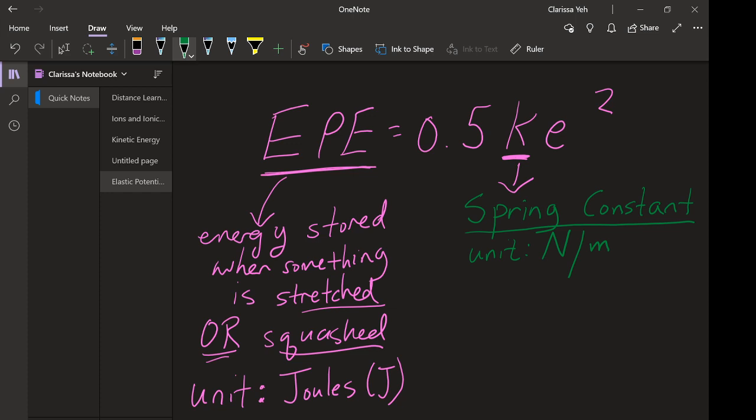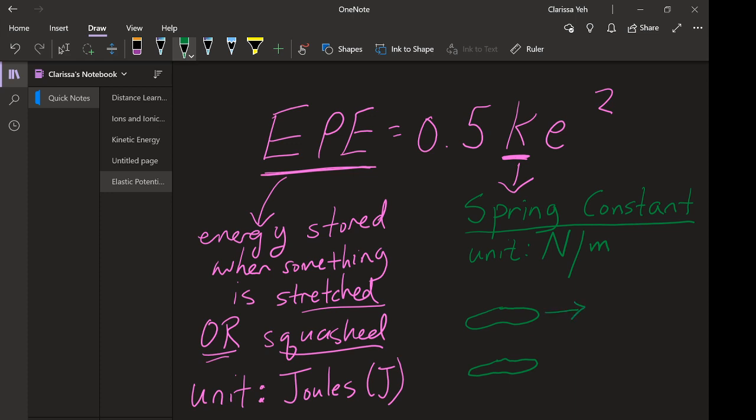What the spring constant is: let's imagine that you had two elastic bands. There's my first elastic band, there's my second elastic band. In terms of their size, let's say they're exactly the same, length exactly the same. Now let's pretend that I had a machine that could stretch it using an exact force. Like I set my machine to say, right, now give me 5 newtons of force.